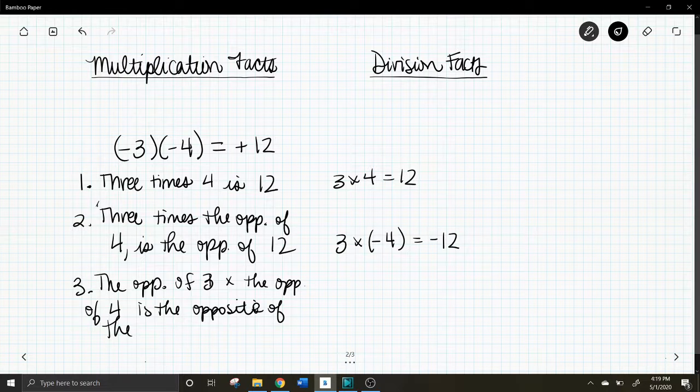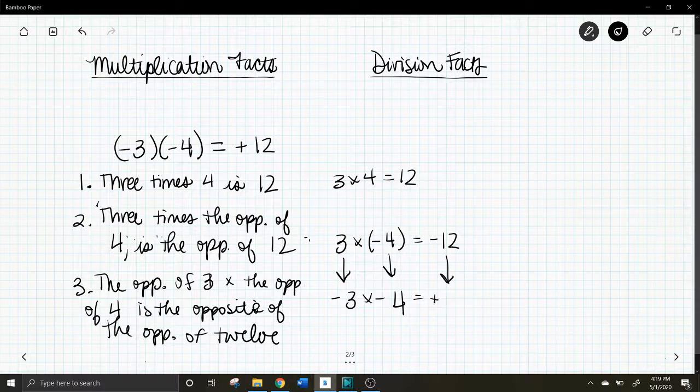So I'm quoting these parts here and this part here. It's the opposite of 12, which essentially is -3 times -4. So the opposite of 3 times the opposite of 4 is the opposite of 12. In this case, a positive.